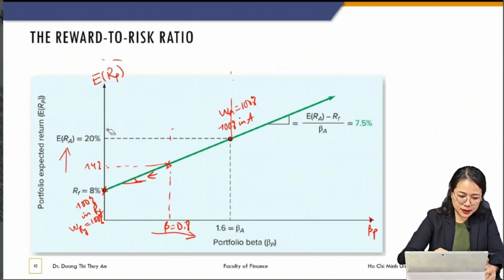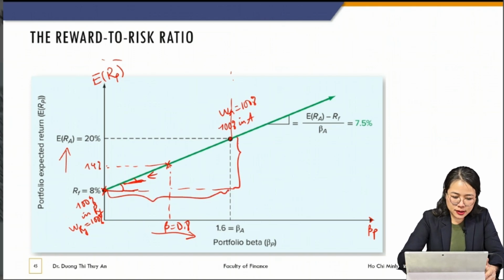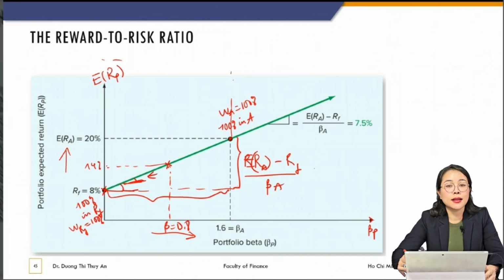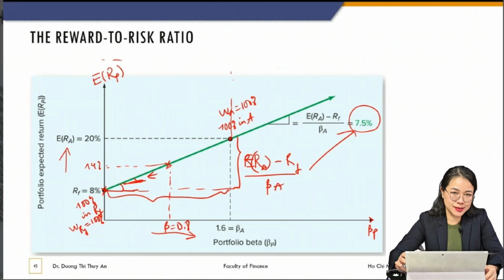Okay, so the slope of this line is calculated as follows. The slope is equal to this distance divided by this distance. So this is the expected return of asset A, minus the risk-free rate, divided by the beta of asset A. And we calculate this to be 7.5%.